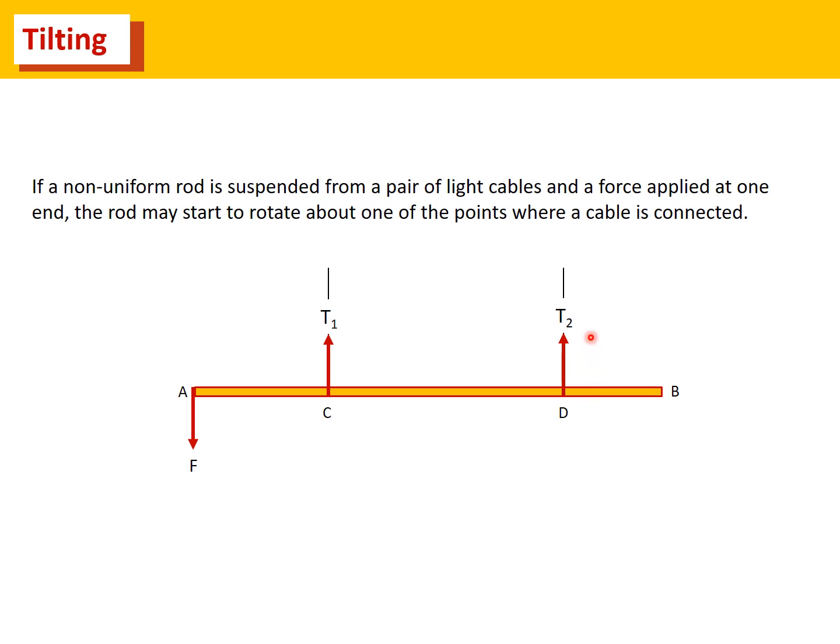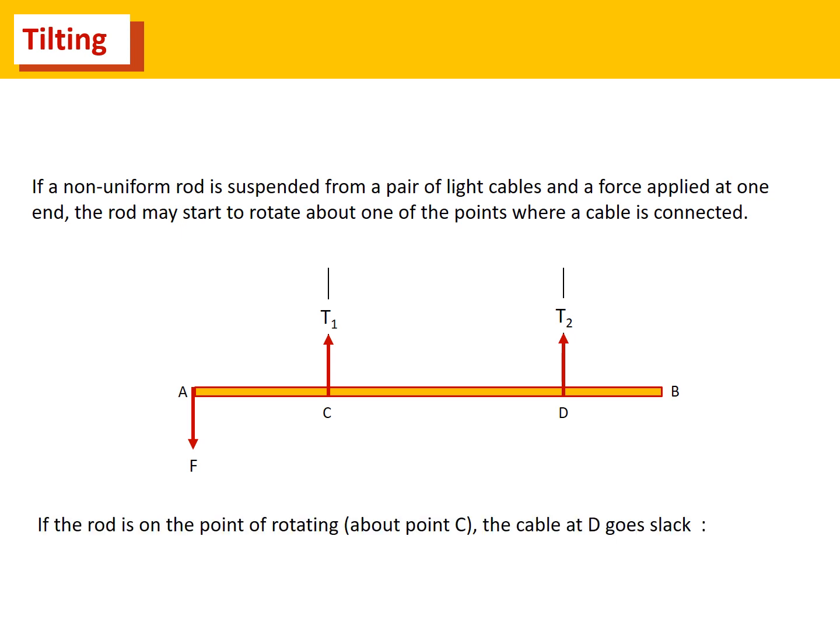And when this end raises upwards, then the tension in the string becomes 0. So the rod's on the point of rotating about C, and therefore the cable or wire at D goes slack, and therefore T2 equals 0.